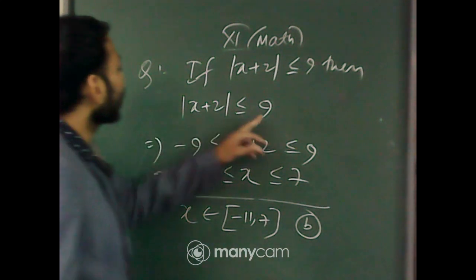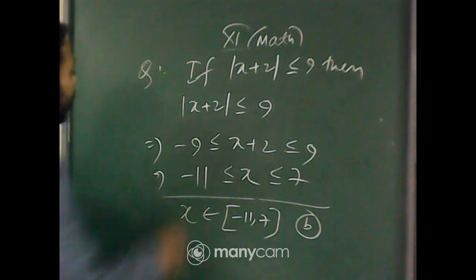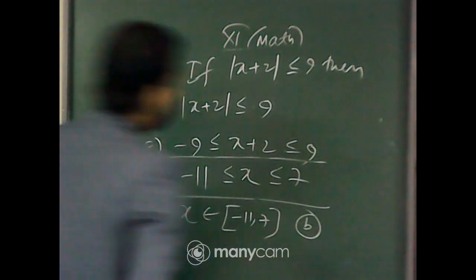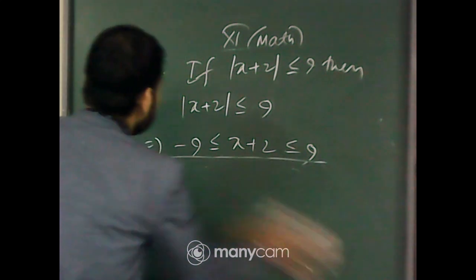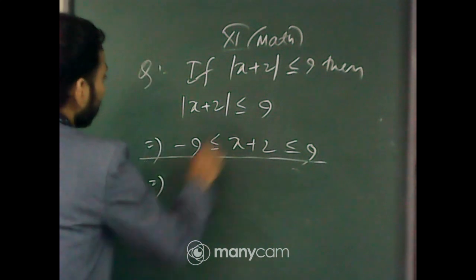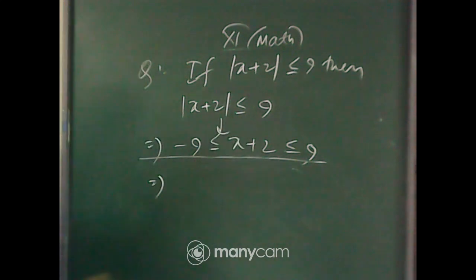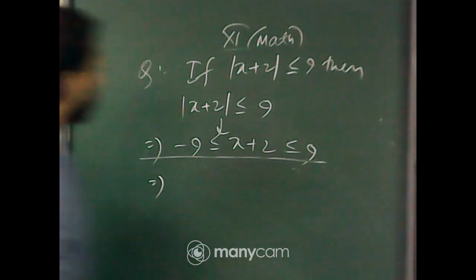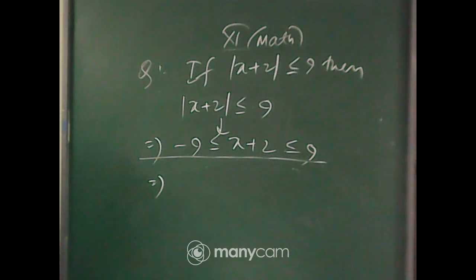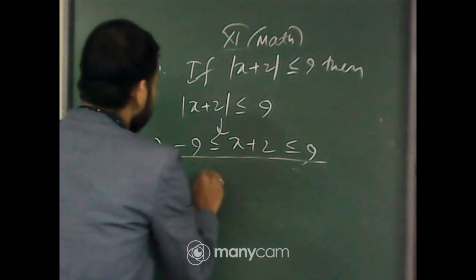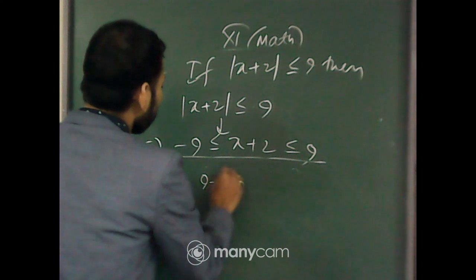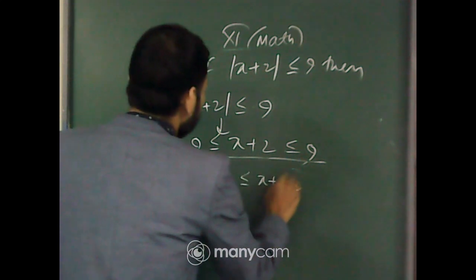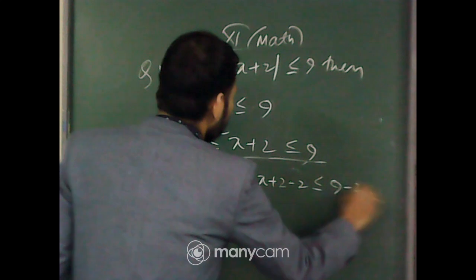|x + 2| ≤ 9. Whenever you remove the mod, it will give you -9 ≤ x + 2 ≤ 9. I am telling this step once again. This is from the definition of mod actually. Now, -9 - 2 ≤ x + 2 - 2 ≤ 9 - 2.